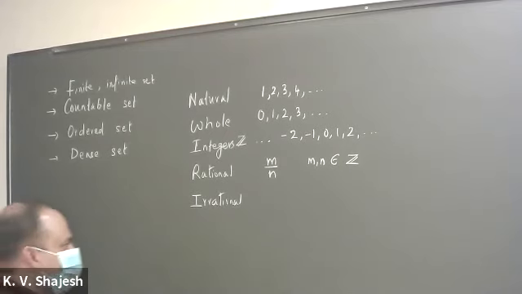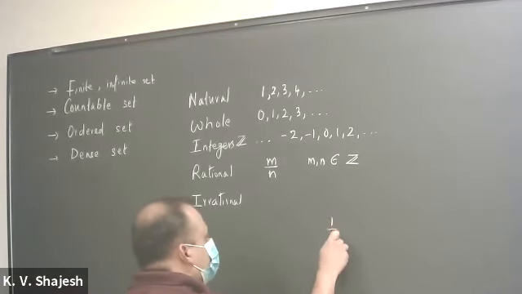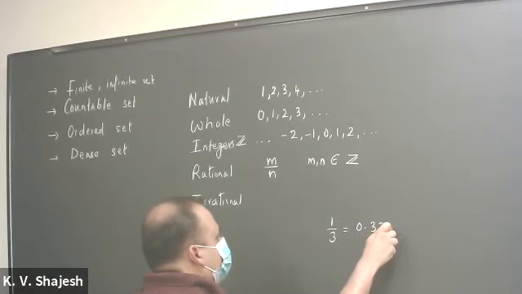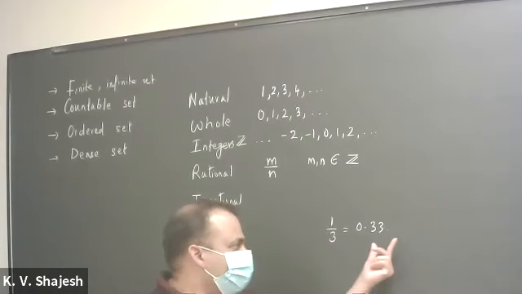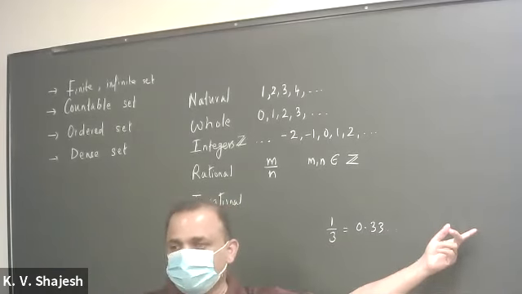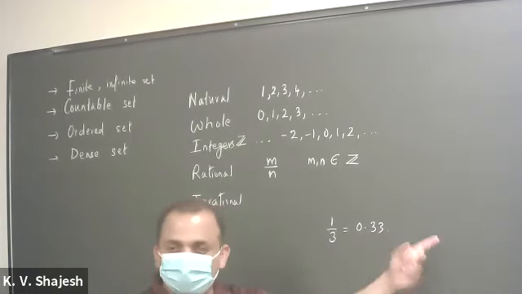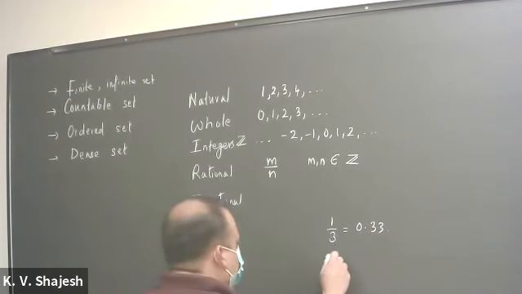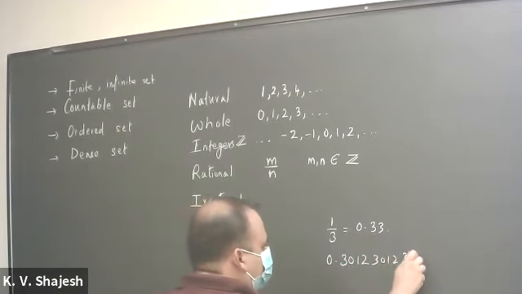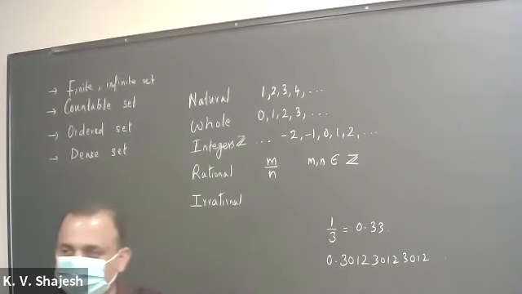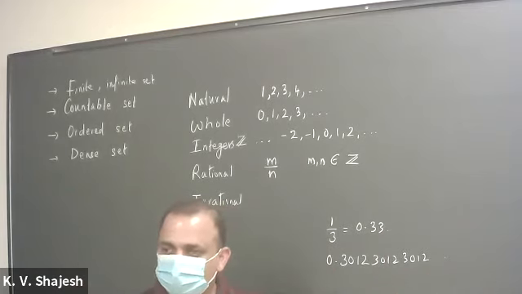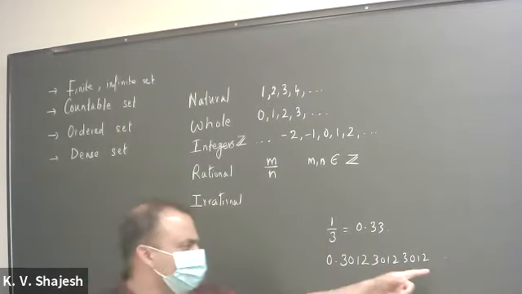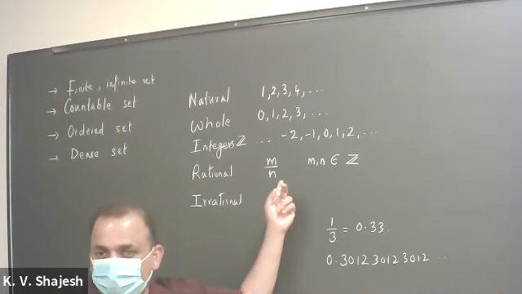So for example, when we say 1 over 3 is 0.333, there's a pattern which I can predict. So I can create a formula for predicting the 278th decimal. In this case, it is trivial. Even if it is, let's say, 0.3012123, that's a rational number because its pattern can be predicted. And anything that repeats itself, you can write it as m over n.